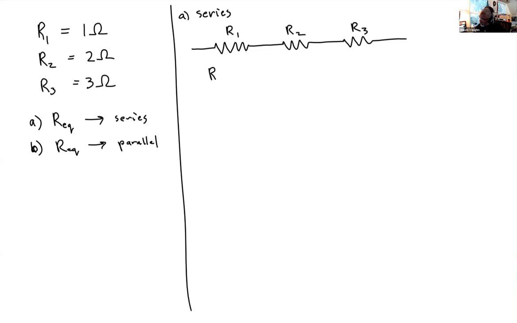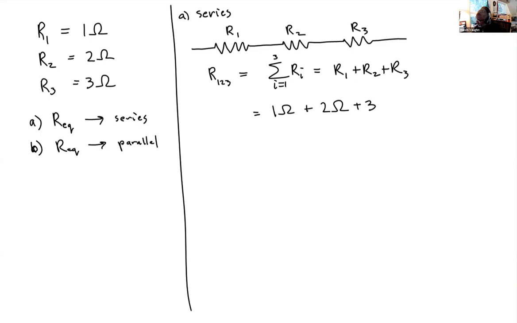Well, remember, for resistors in series, and I'm going to call my equivalent resistor R123, the equivalent resistance is just the sum of the resistances of each of the individual resistors. So in this problem, I'm going to just say that we have a 1 ohm resistor and a 2 ohm resistor and a 3 ohm resistor.